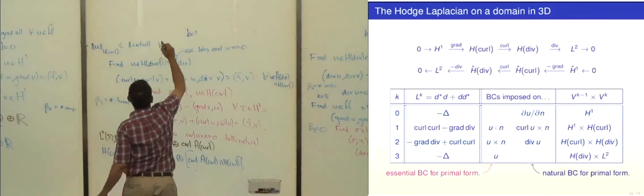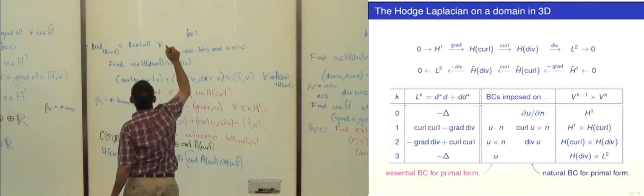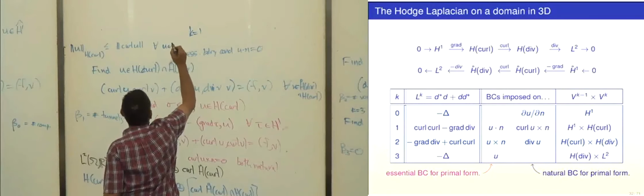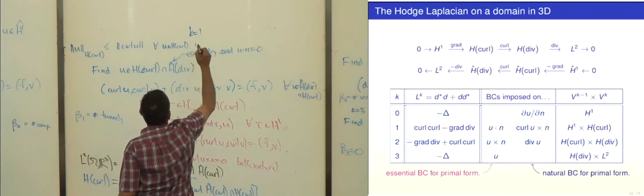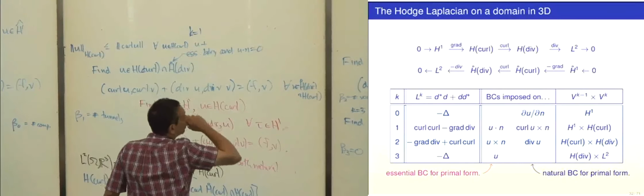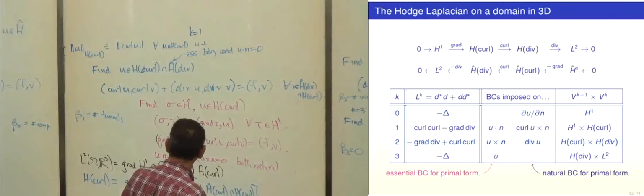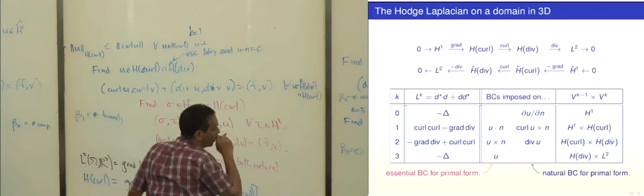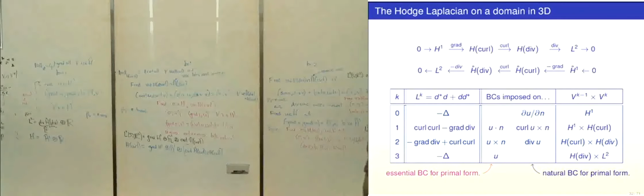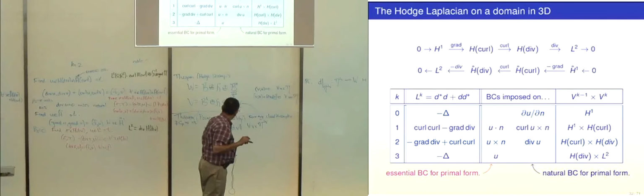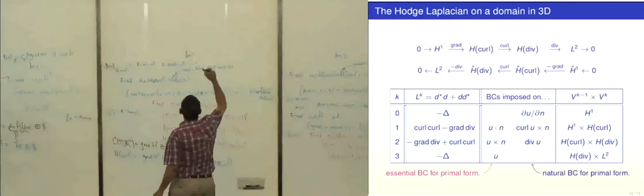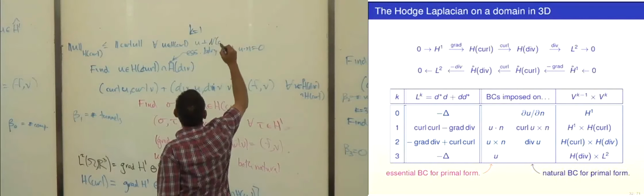But that requires that U in H curl is orthogonal to the null space of curl. Well, we can write it in two ways. That's probably the easiest way to write it. U is orthogonal to the null space of curl. So U is orthogonal to the curl-free things.